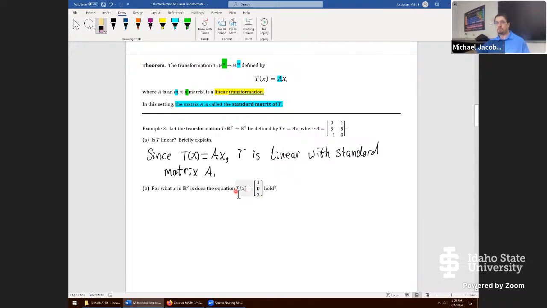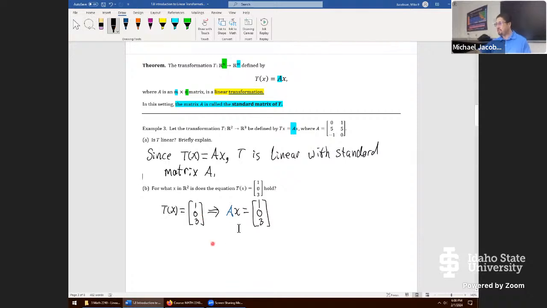To start this off, well, first thing you might do is make a really quick substitution, if I can highlight that. T of x is defined to be A times x, and so we can immediately write down T of x equals 103 implies, let's take that standard matrix A right here, A times x equals 103.